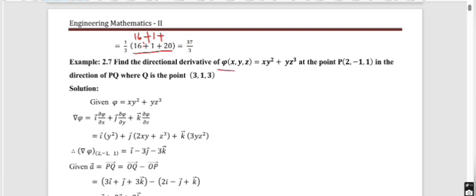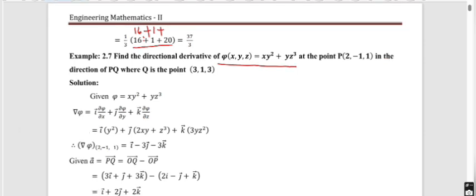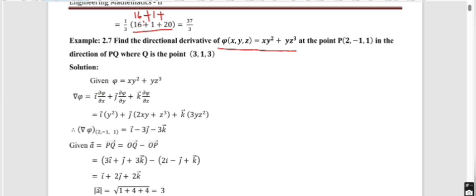Here phi is xy² plus yz³. Here the point is (2, -1, 1) in the direction of PQ vector, where P is this point and Q is the point (3, 1, 3). From this phi we find del phi using the formula i vector into dou phi by dou x plus j vector into dou phi by dou y plus k vector into dou phi by dou z.